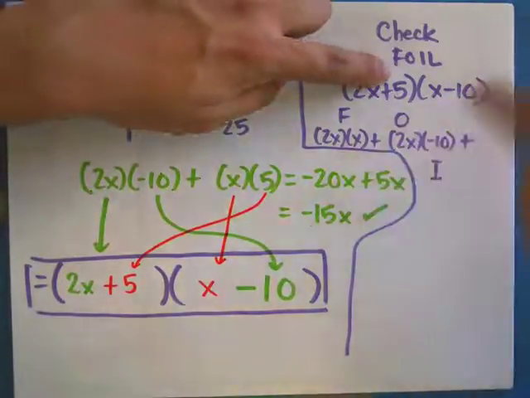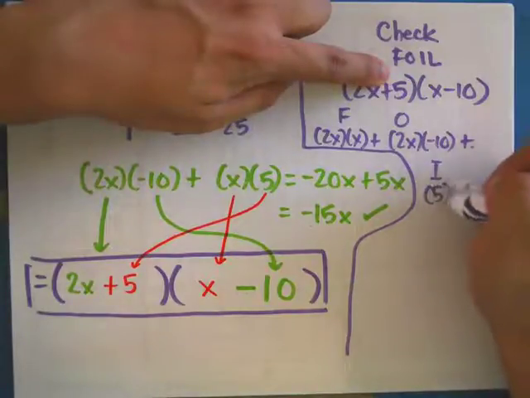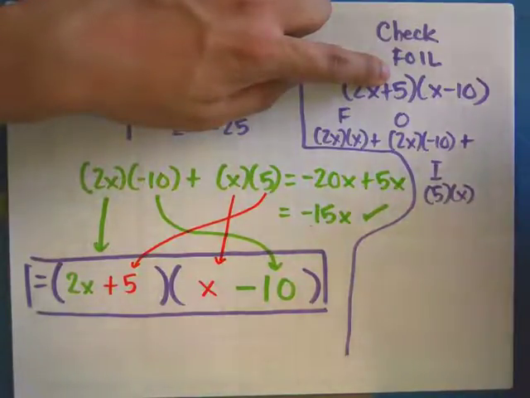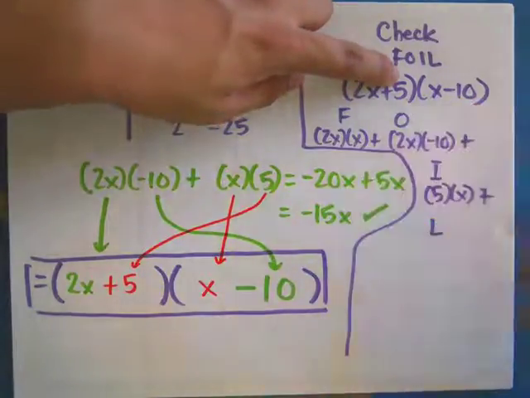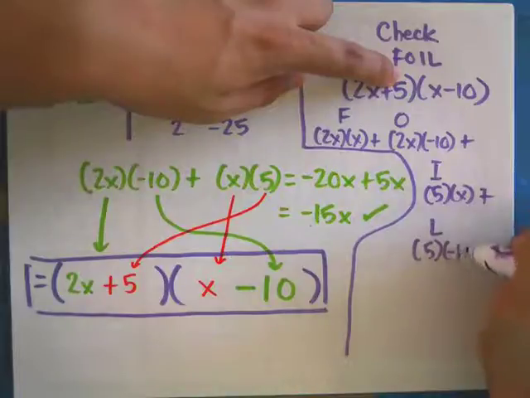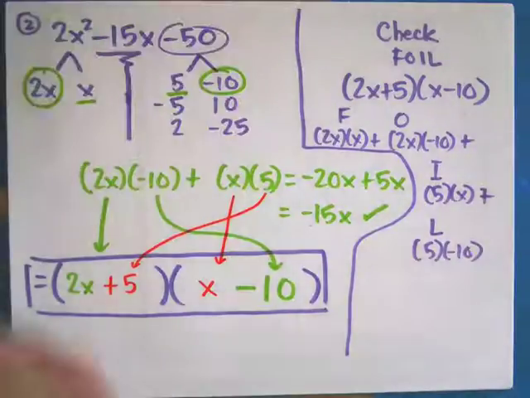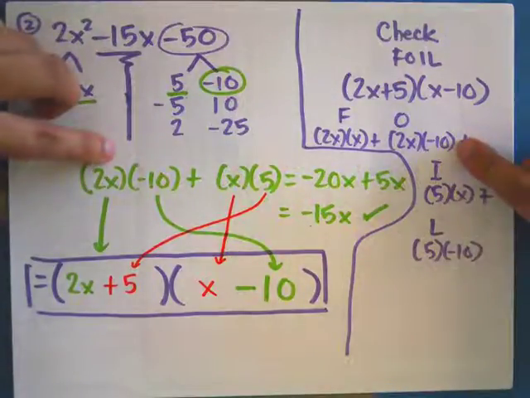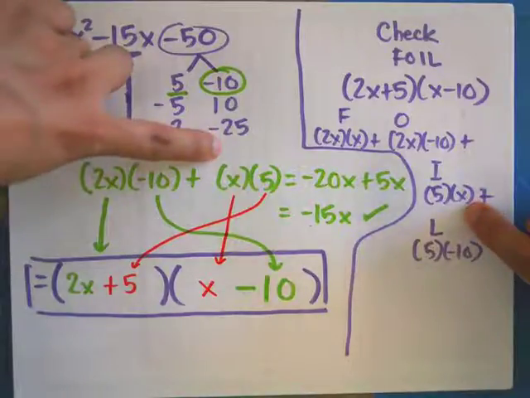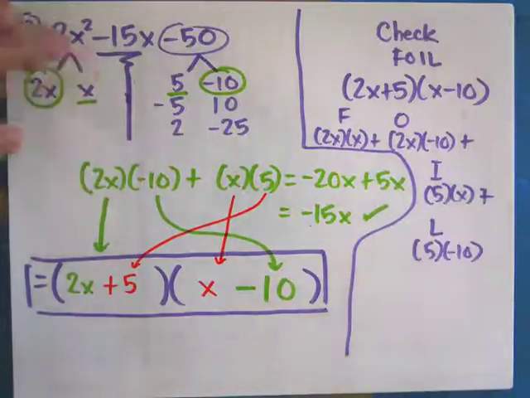Inner 5 times x. I am just running out of room, plus last 5 times negative 10. Sorry about that. And then if you notice, your two middle terms should be the same thing as how you were trying to solve that negative 15.